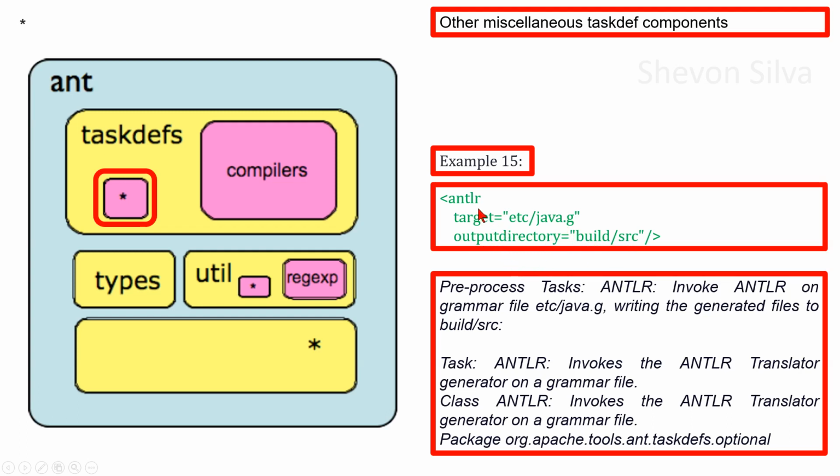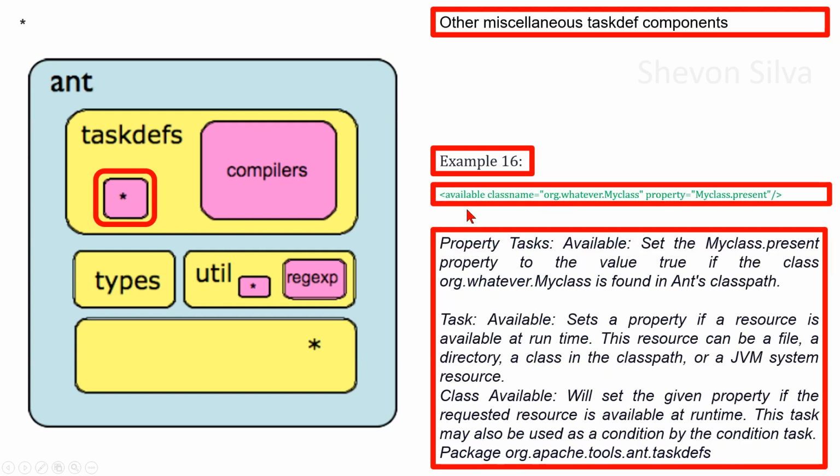The task ANTLR invokes the ANTLR translator generator on a grammar file. With regard to the API, the class ANTLR invokes the ANTLR translator generator on a grammar file. This is in the package org.apache.tools.ant.taskdefs.optional.